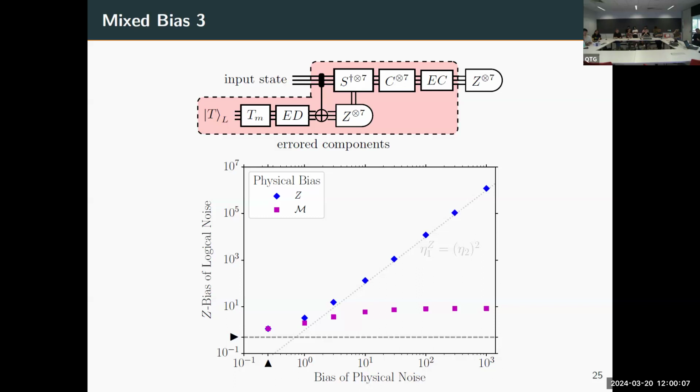Because you're having CNOTs applied in different ways, and it's not really transversal, right? That's the whole reason why we're trying to do these things with hook errors and stuff like that, because you need to have different fault-tolerant considerations for your error correction.